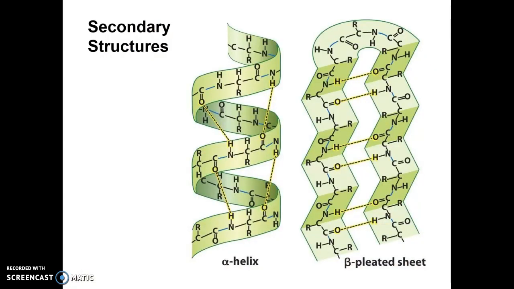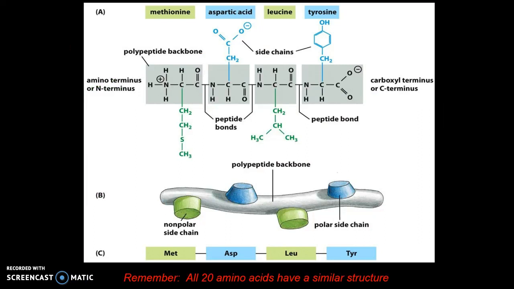So, moving on from primary structure, we start to see the secondary structure. The secondary structure is achieved by hydrogen bonding within the backbone. The backbone was this line going along here of HNCC, NCC, NCC, NCC.